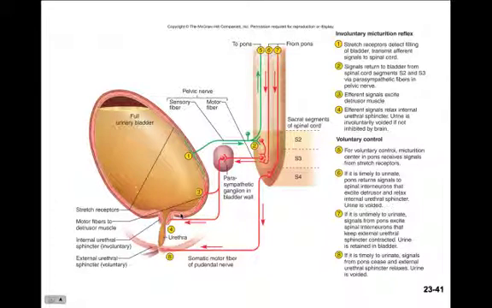If it's untimely, then signals from the pons are going to excite spinal interneurons that keep the external urethral sphincter closed. Again, if it's timely, those signals from the pons will release the external urethral sphincter and urine can be released from the bladder through the urethra and exit the body.